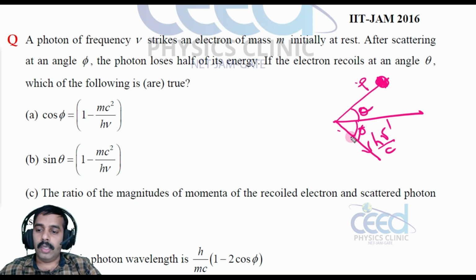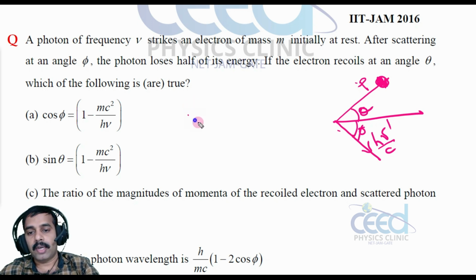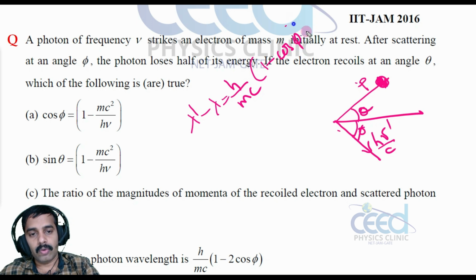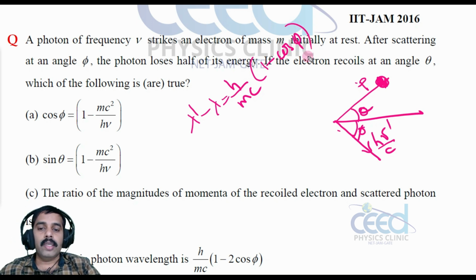Now the thing is, we need to solve lambda dash minus lambda. Lambda dash minus lambda is equal to h by mc into 1 minus cos phi. Now what is lambda dash? Look into the question: the photon of frequency nu strikes.